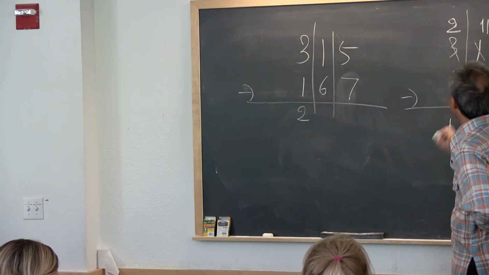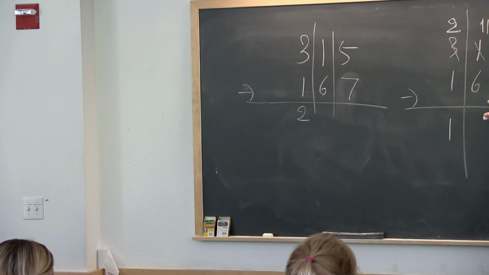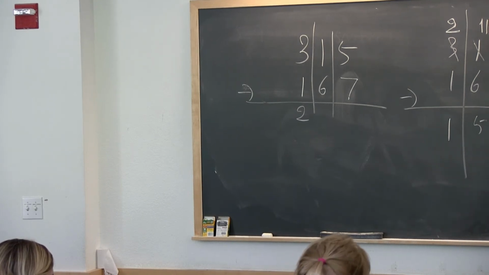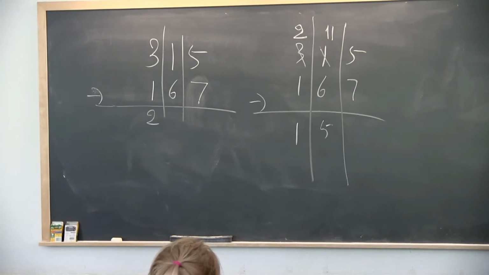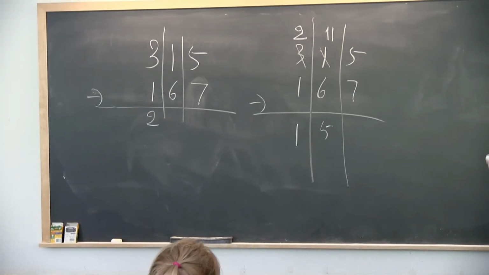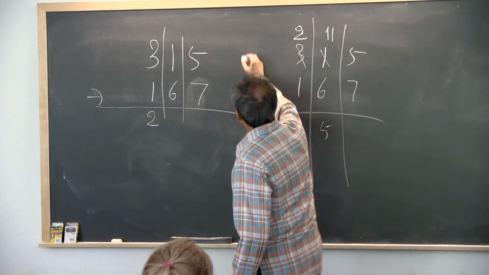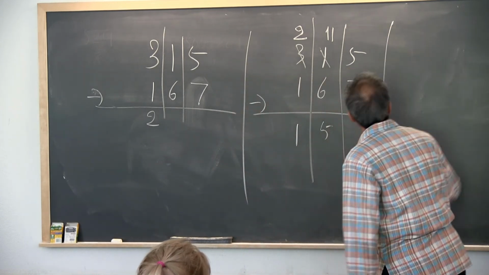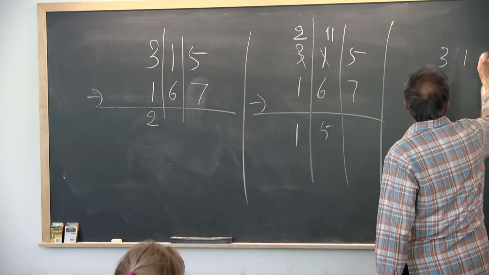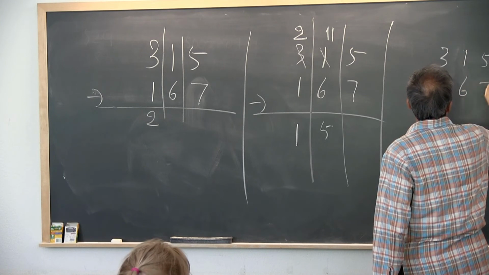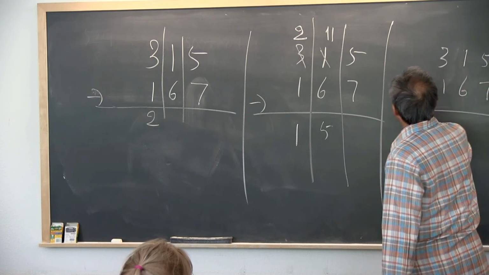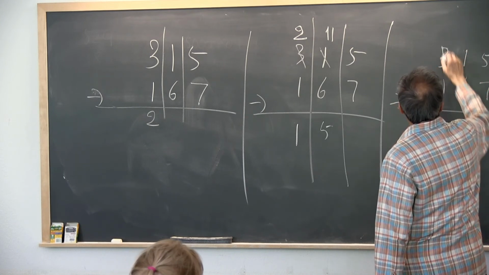2, 1 is 1. 6 from 11 is 5. Right? And you say, oh. So you say, no, let's do it over again. So you say 3, 1, 5, 1, 6, 7.